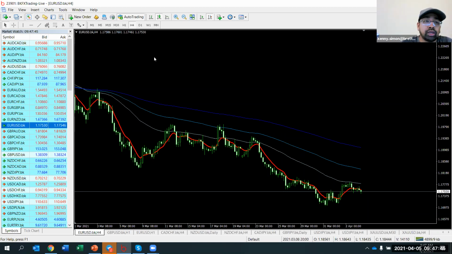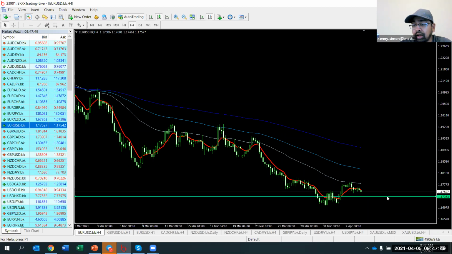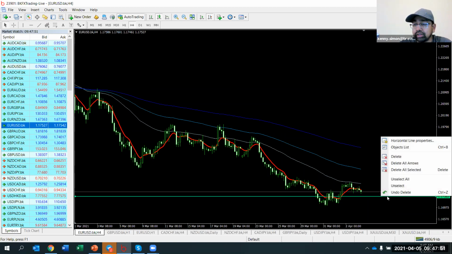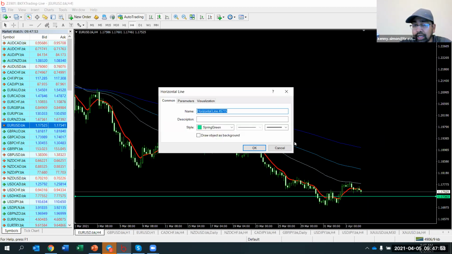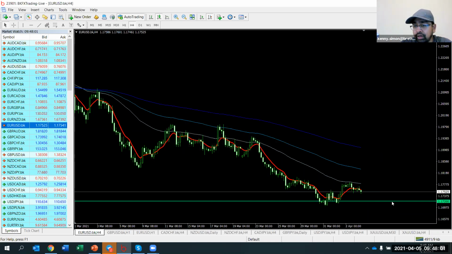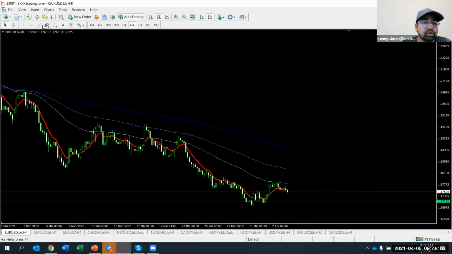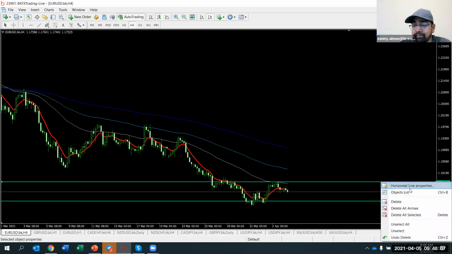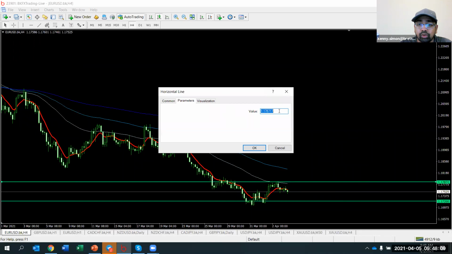So what we need to do is draw two lines, one under the current price, which is based on the 20 psychological number. Okay, so 1.1720, that is here, and then I'll get rid of this one here, and then we've got 1.1780 as well. There you go.